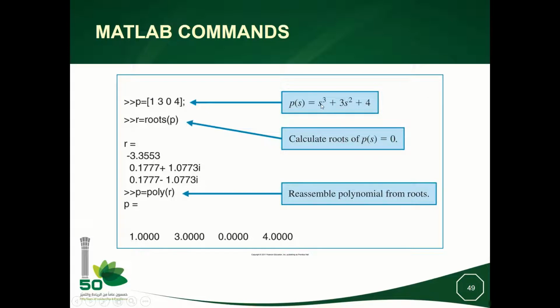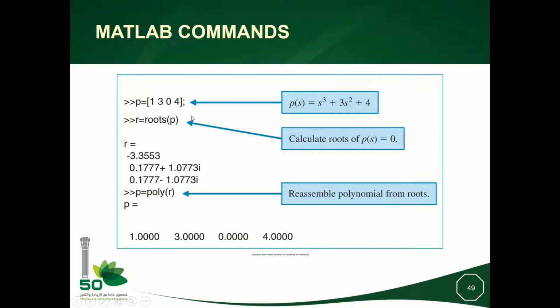So how many coefficients will I have here? I will have 4 coefficients. So the first one will be the coefficient of s cubed. 3 is the coefficient of s squared. Since I don't have s here, it means the coefficient of s is 0. And for the last term, I have 4. It means s power 0 has a coefficient 4.